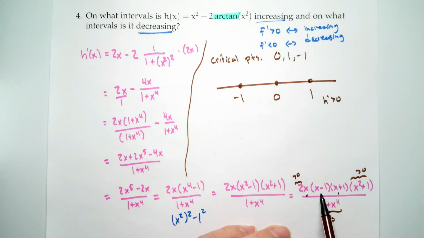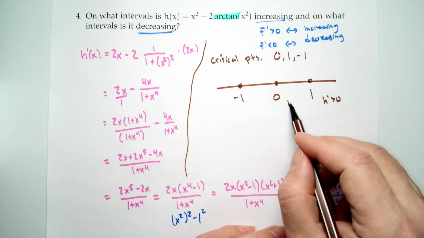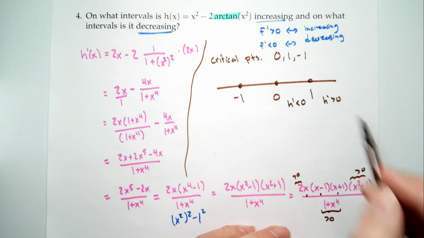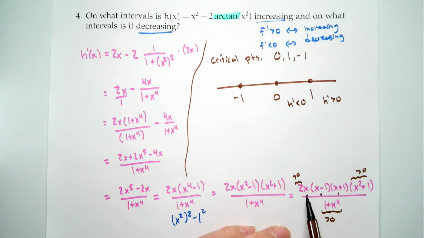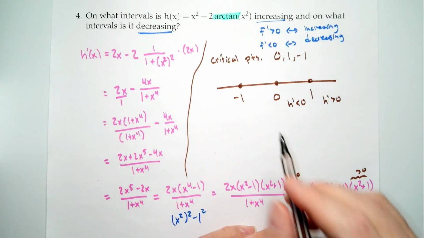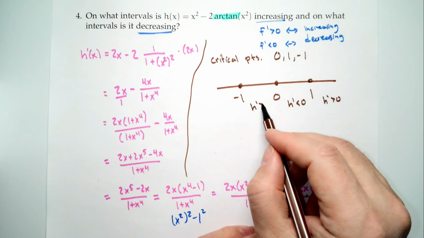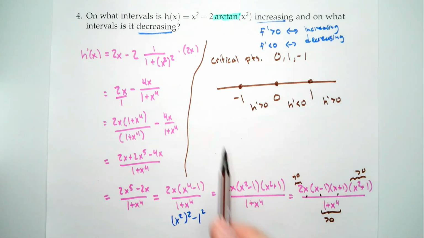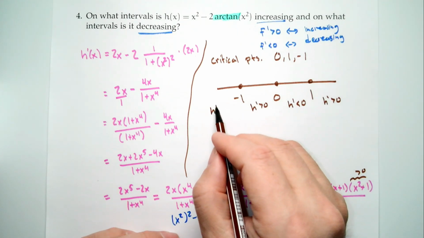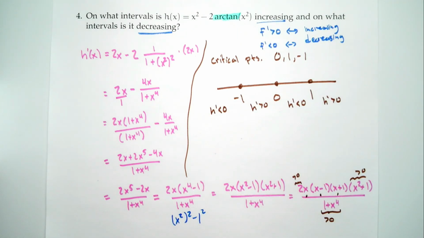Positive, negative, because that'll be negative a half, positive. Multiply that together, we get a negative out. How about negative a half? Negative, negative, positive. Multiply those together, we're back to positive. How about negative 2? Negative, negative, negative. So that says our derivative is negative.